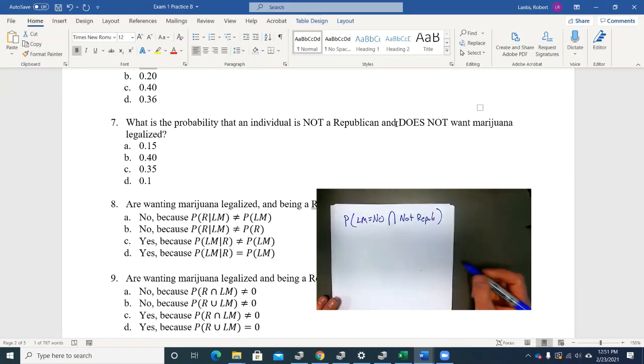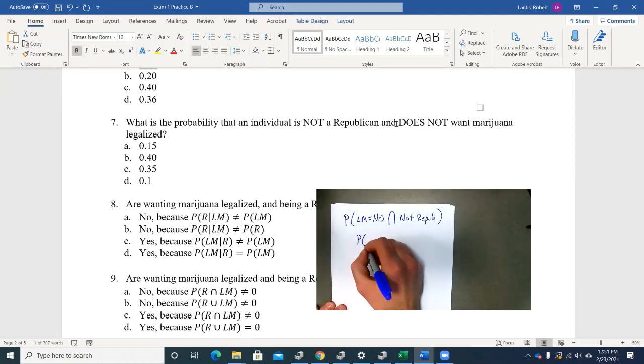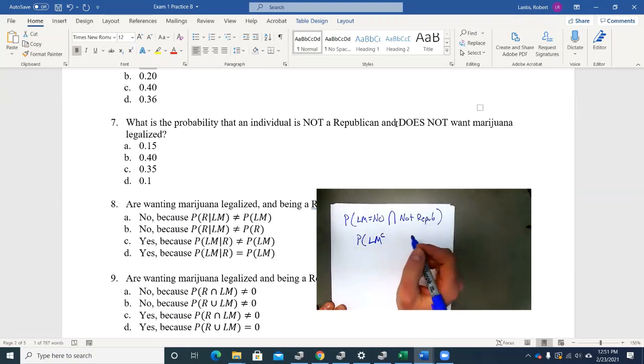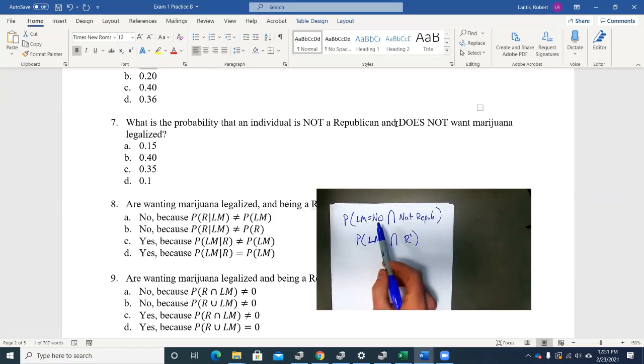Well, if I'm using a smaller abbreviation, LM was wanting marijuana legalized, not wanting it legalized is just the complement, right? And not being a Republican would be our complement. Either way is fine. If you want to write out more words to make it easier for yourself, that's fine. But we're looking for an intersection here. Right? This and this.